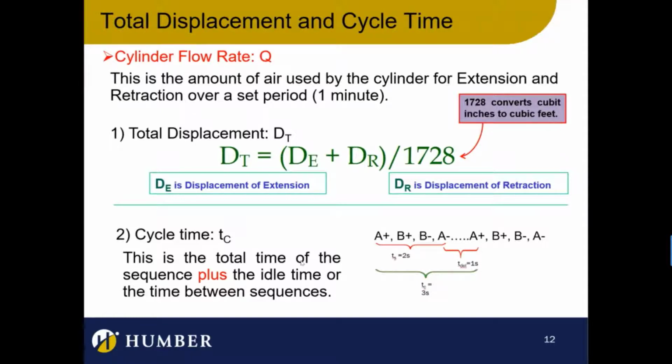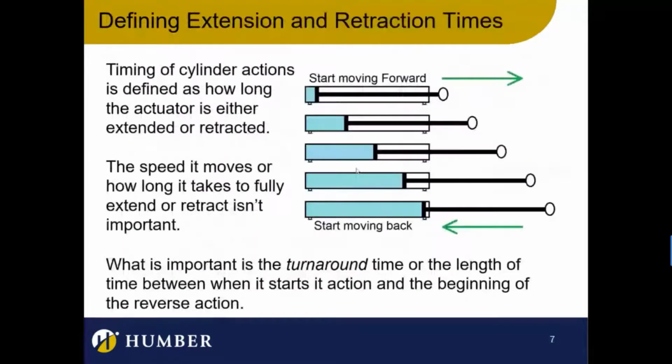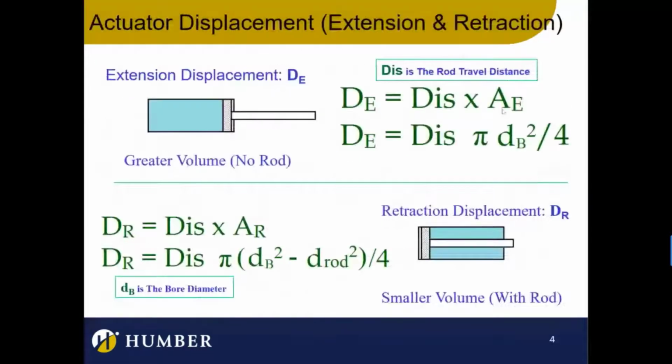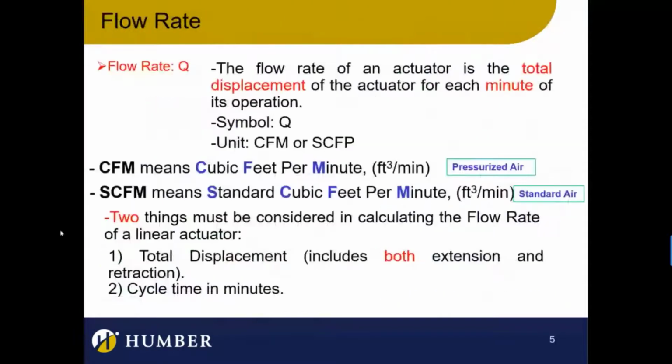So a cylinder is going to extend and retract, and we can calculate the amount of volume displaced during that extension and retraction because we know the parameters. I mean, we can calculate DE and DR because we've got the formulas up here. And they're not complicated formulas. This is DE and this is DR.